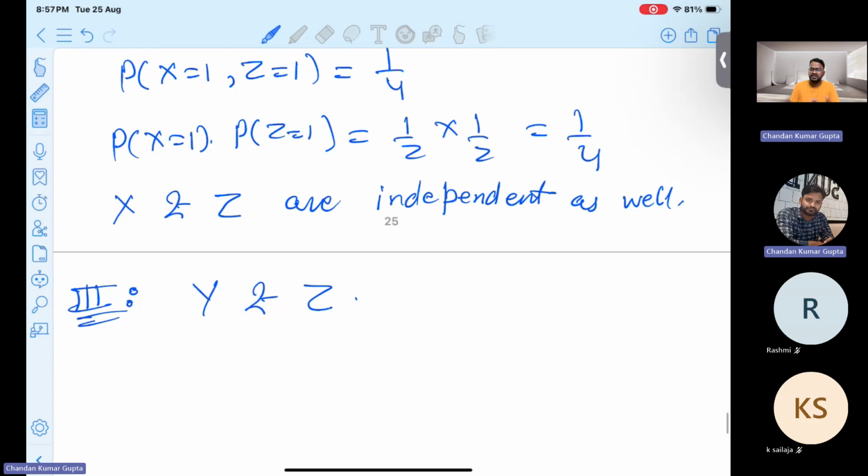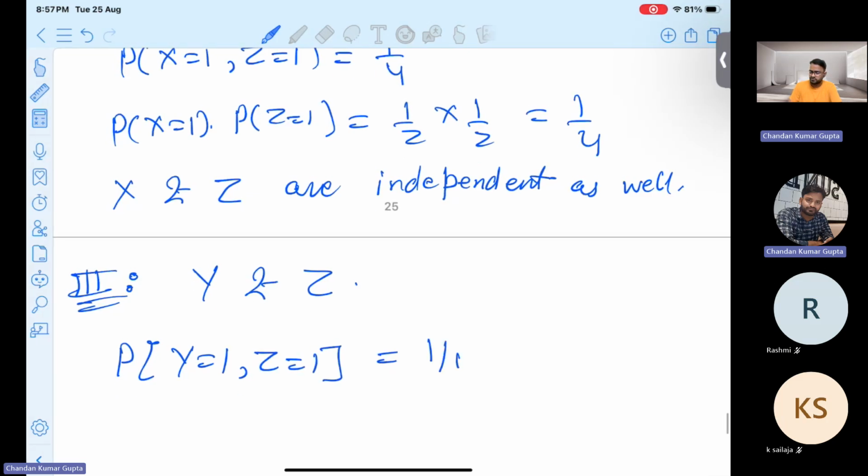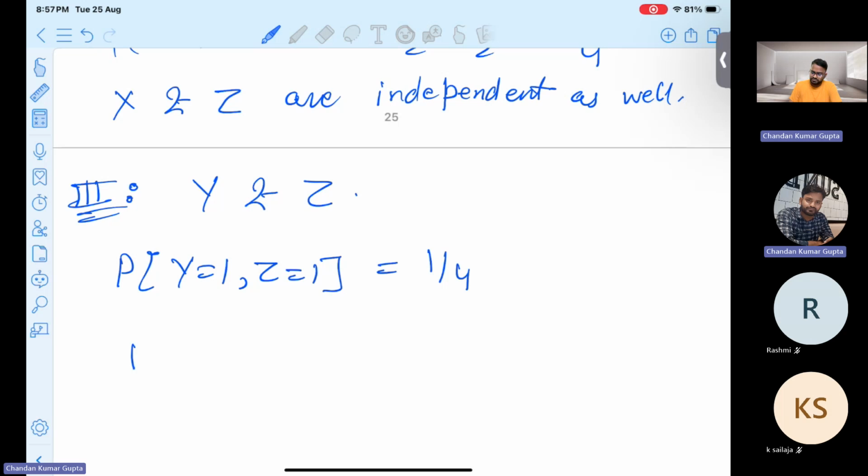Again, we can take y equal to 1 and z equal to 1. The probability that y equal to 1, z equal to 1 comes out to be 1 by 4. Now, the probability that y equal to 1 is 1 by 2, and the probability that z equal to 1 is 1 by 2.